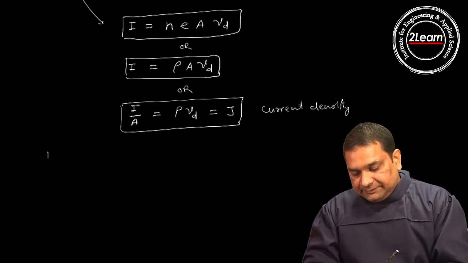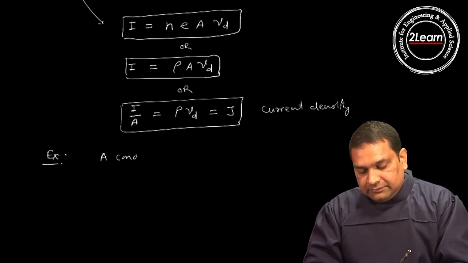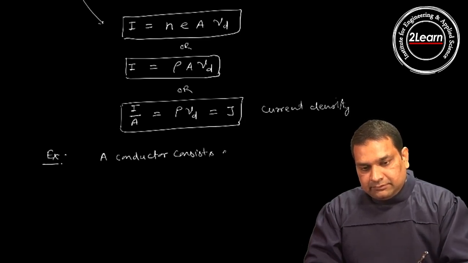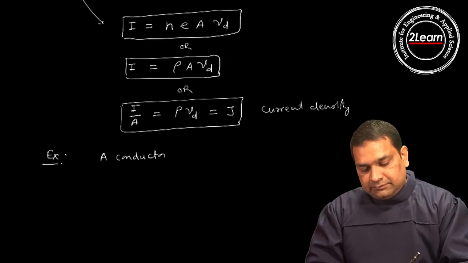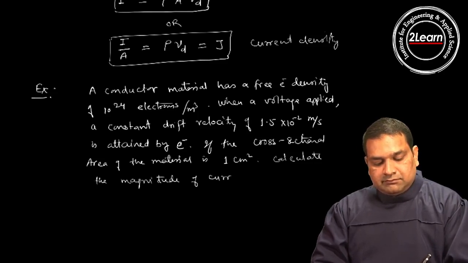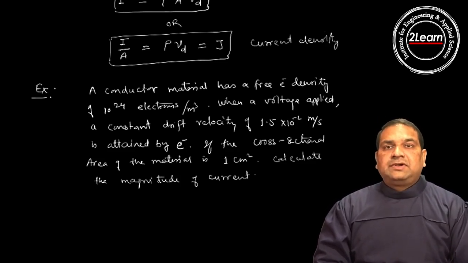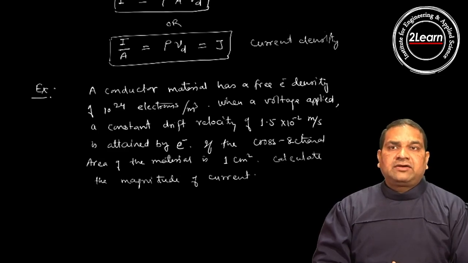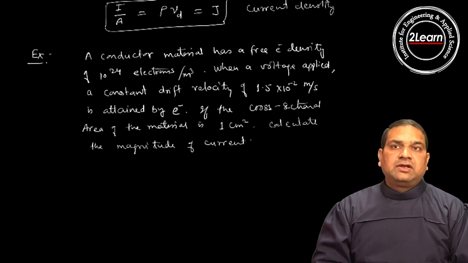Now consider an example. Focus on this example. A conductor material has a free electron density of 10 raised to power 24 electrons per meter cube.